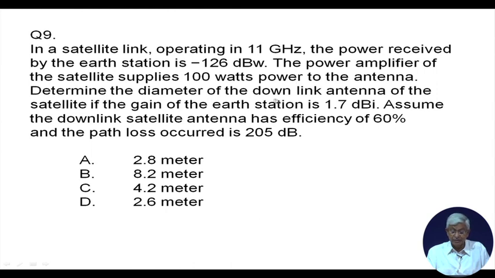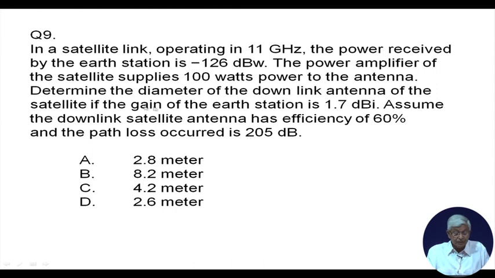Determine the diameter of the downlink antenna of the satellite, if the gain of the earth station is 1.7 dBi, very low gain, normally the value of a dipole. Assume the downlink satellite antenna has an efficiency of 60% and the path loss is 205 dB.